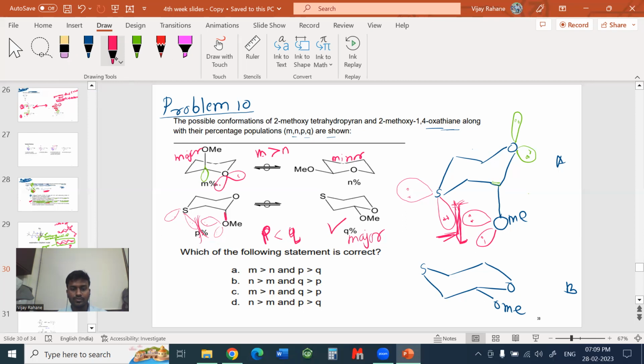Accordingly, you can choose where it is correct. M greater than N is correct here, but this one is wrong. So in option C, M is greater than N and Q is greater than P. So option C is the correct option.